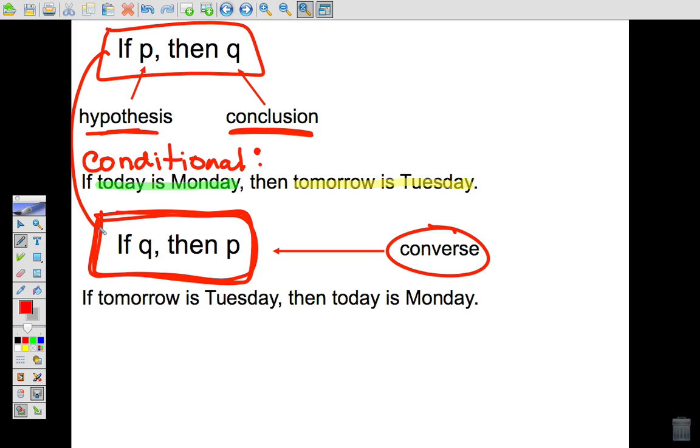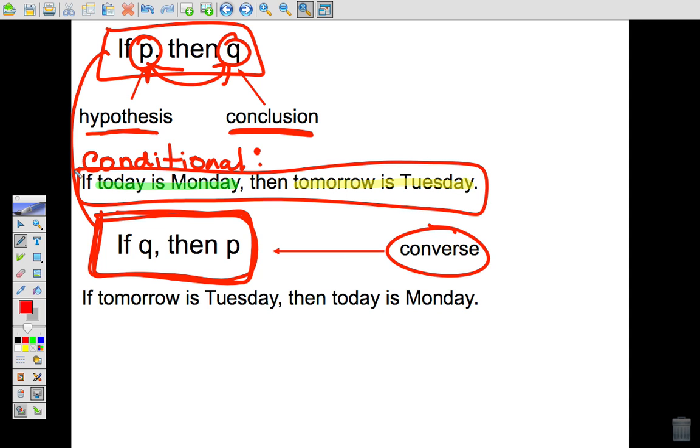Looks like we switched the hypothesis and conclusion around. So the converse of a statement is when we switch the hypothesis and the conclusion around. Notice that I took this conditional right here, and to find the converse of it, we're going to switch the conclusion and the hypothesis around.